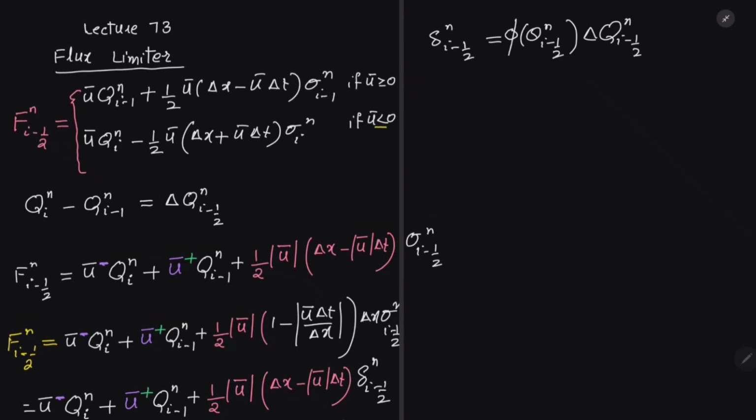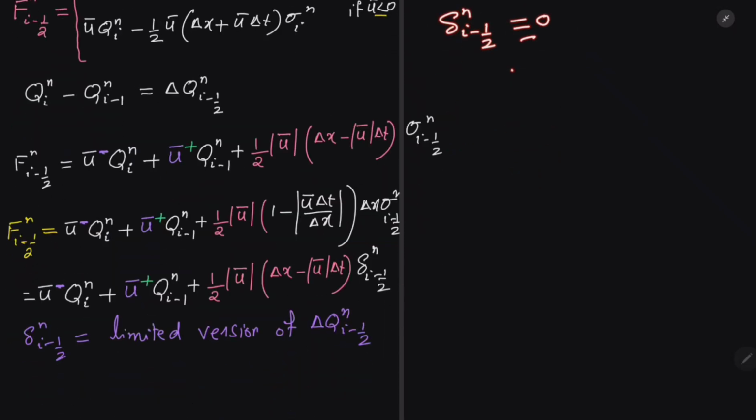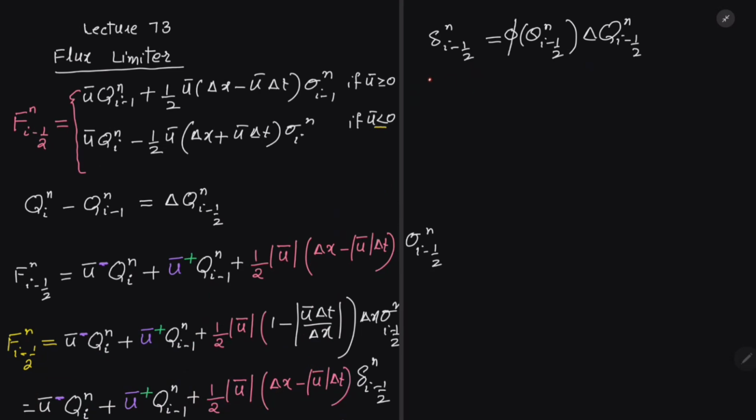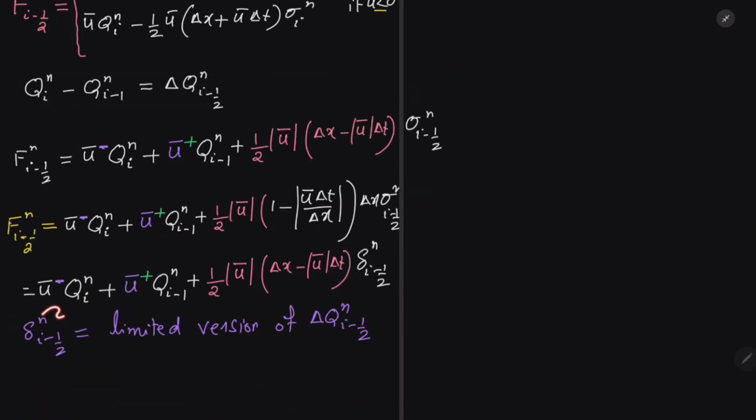Suppose that phi is equal to 0. It means that delta_{i-1/2} will be equal to 0, then this term will be equal to 0. So you will only get the flux of this form, and ultimately you get the upwind method. This is the form that we use when we have both u bar greater than 0 or u bar less than 0. It works both ways.